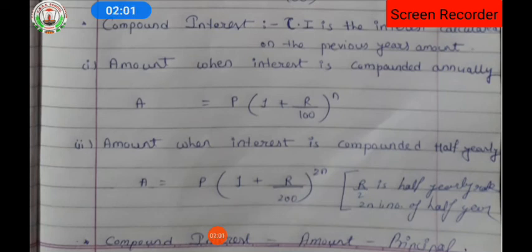And if the rate is 2%, then the rate will become half, so it will be 1%. Clear? So in this way you have to find the compound interest. Compound interest annually and half yearly, the condition is there which you will understand while solving the question. So compound interest is equals to amount minus principal.